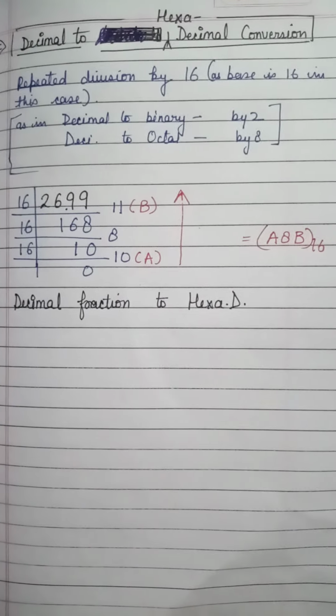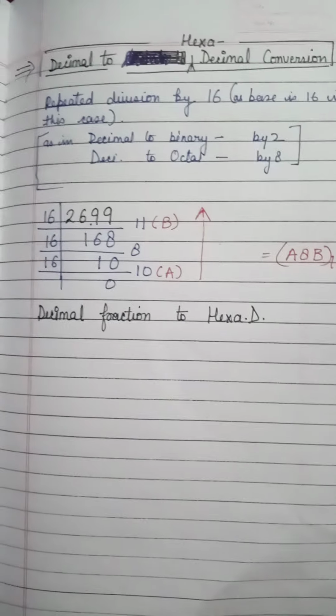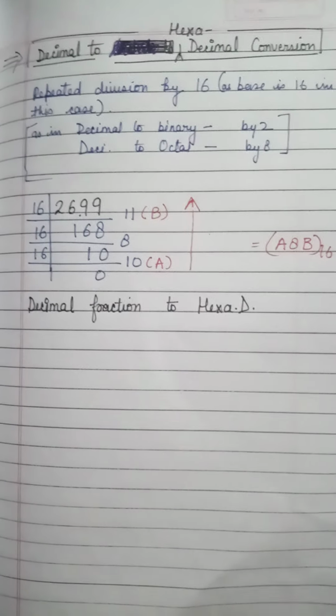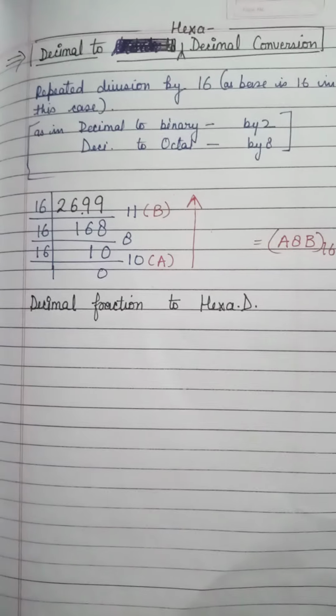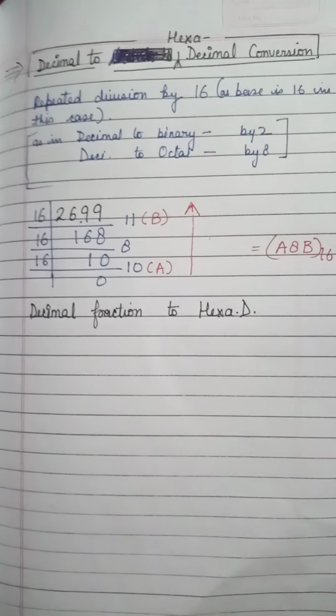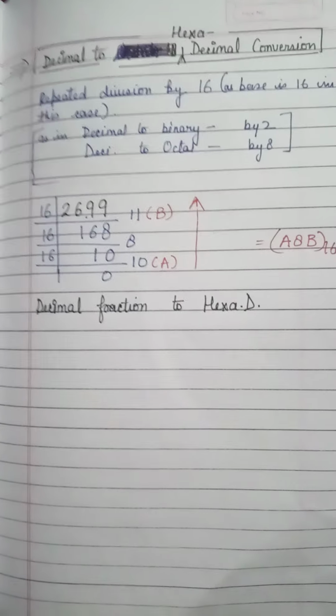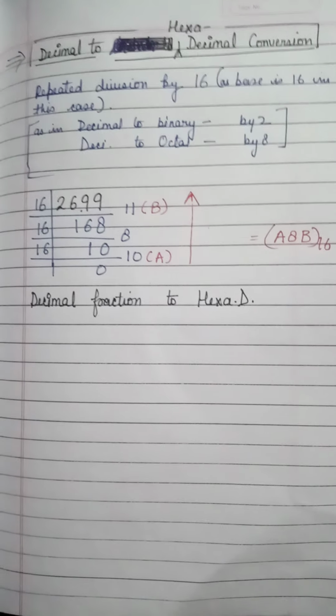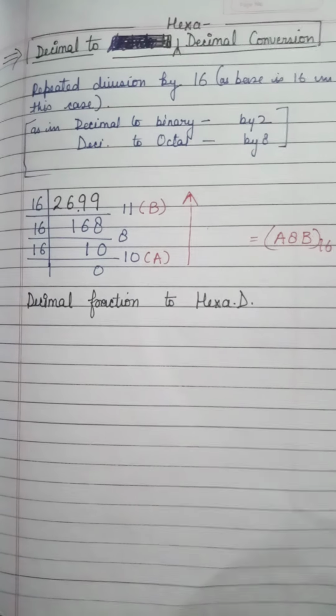In case of conversion from decimal to any other base, you will be dividing the given number repeatedly by the base of the number in which you have to convert.